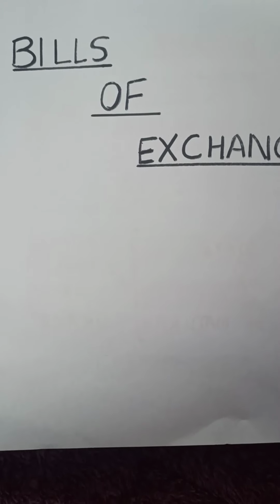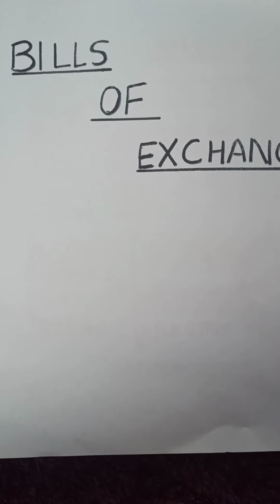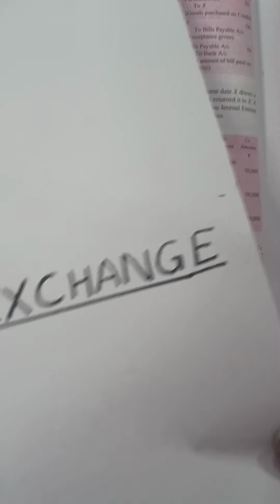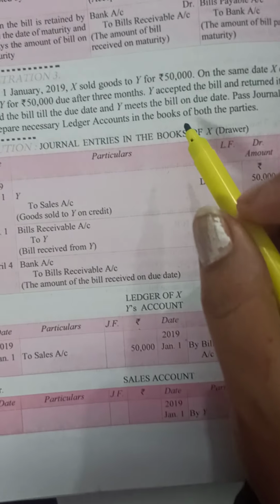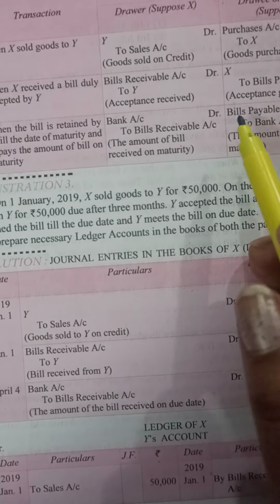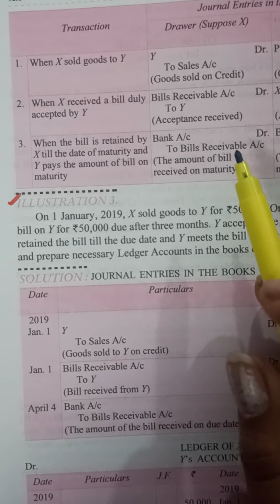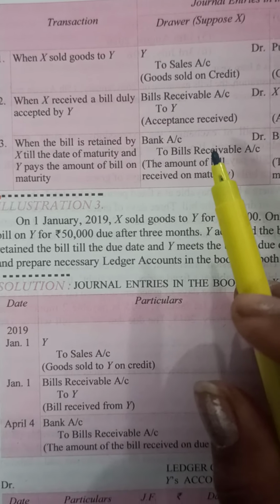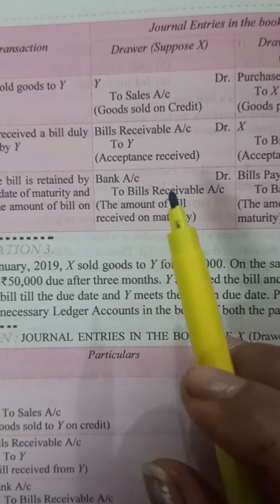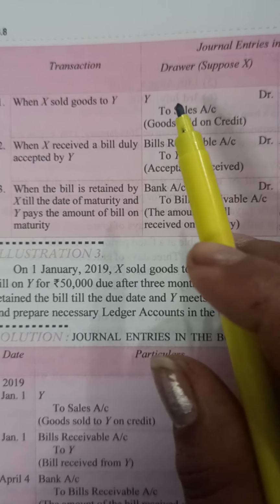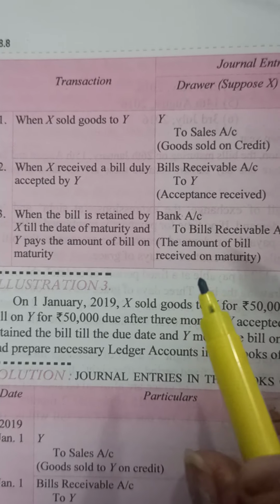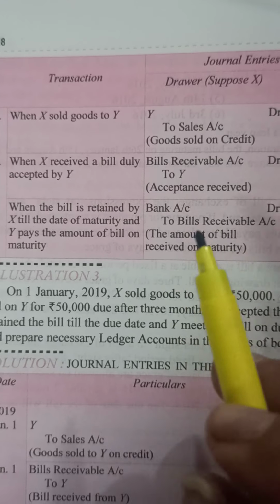Now, a quick review of the accounting treatment. From your textbook, I take you to your textbook very quickly. I told you there are different ways to carry on with the bill of exchange. The first case is the accounting treatment when the bill is drawn.